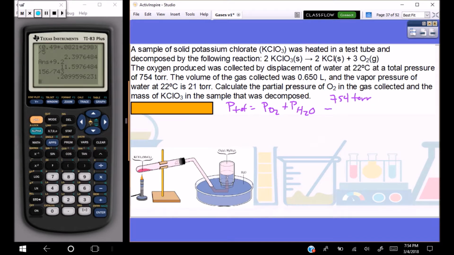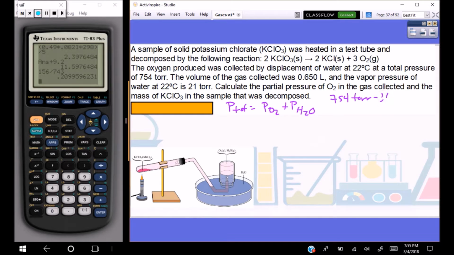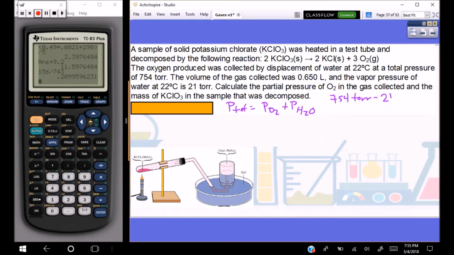If we subtract out our vapor pressure of water, 21 torr, we get the pressure for our oxygen gas. I'm just moving it here because I'm being conscientious of space. And it would help if I could write. What is wrong with this pen? All right, and we do the math. Our partial pressure is 733 torr.